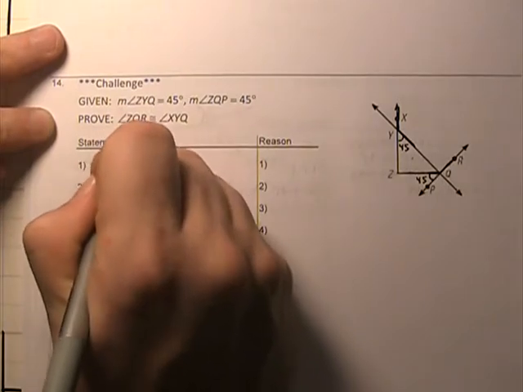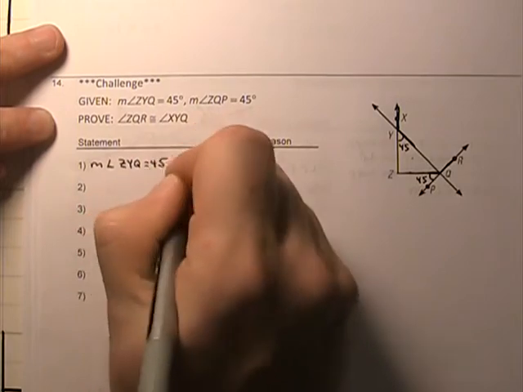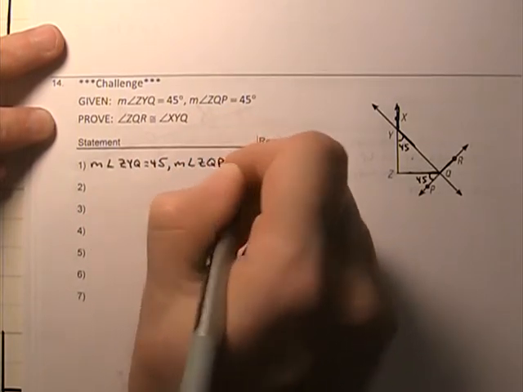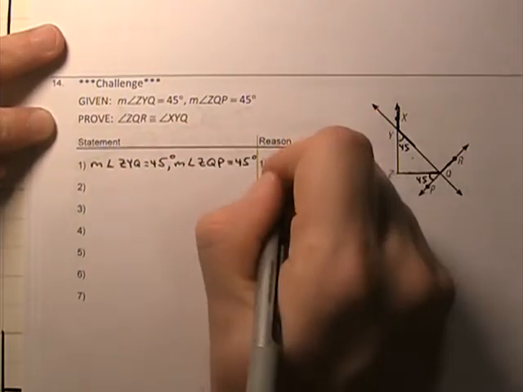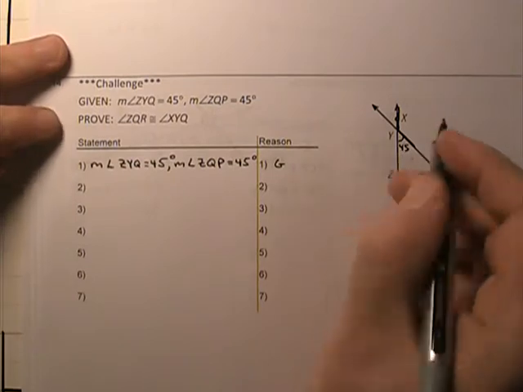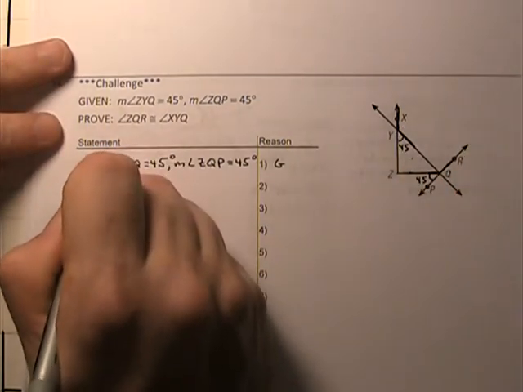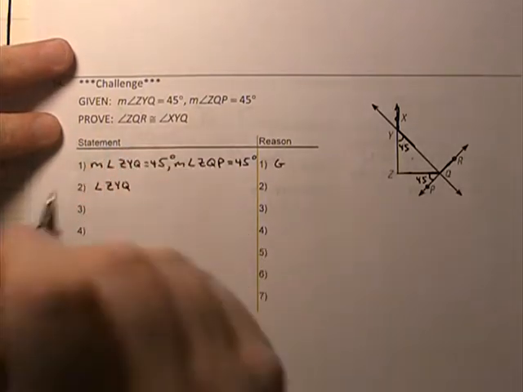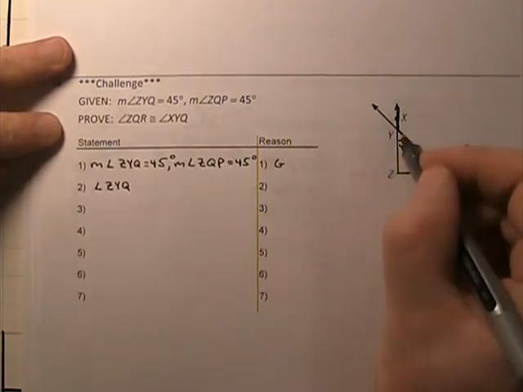Measure of angle ZYQ is equal to 45. The measure of angle ZQP is equal to 45. That's given. I can also say that angle ZYQ is a linear pair with XYQ.